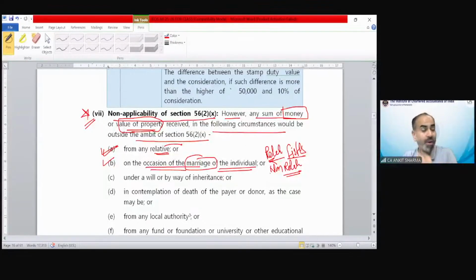So if there is any non-relative like your friend, etc., if they gift any money or property at the time of your marriage, that amount is exempted, non-taxable.